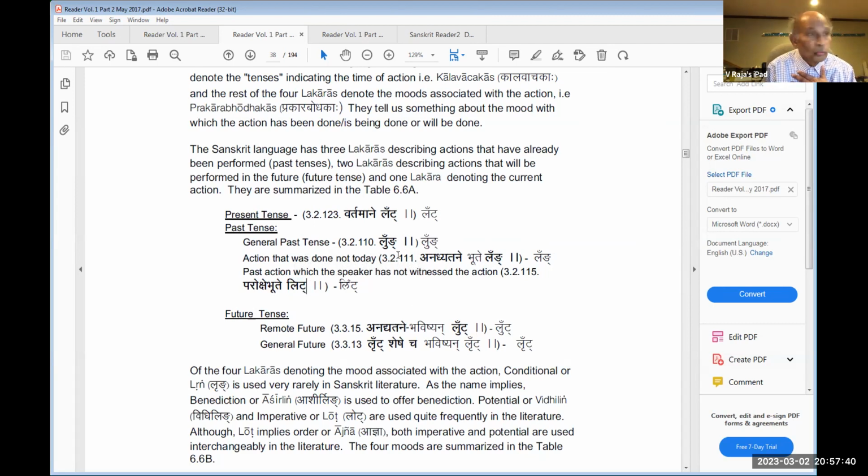In the future tense, there is a remote future, something that might happen a long time later, and that is called lut. Lut is a general future that will happen tomorrow, or may happen day after tomorrow. We are going to spend time looking at this general future, and all of these are explained step by step in your chapter 6.